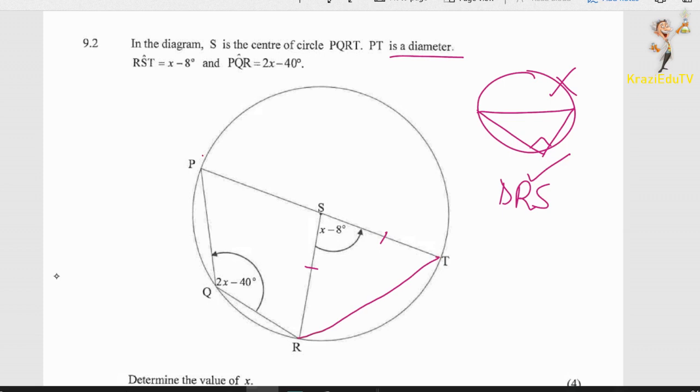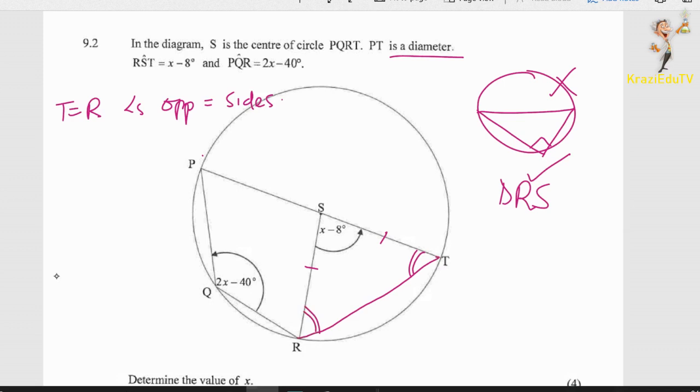Now when I look at R, I'm looking at the angle at the center being twice the angle at the circumference, or rather your isosceles triangle, right? Angles opposite what? Equal sides. I can then get my angle T, since T equals R, angles opposite equal sides.